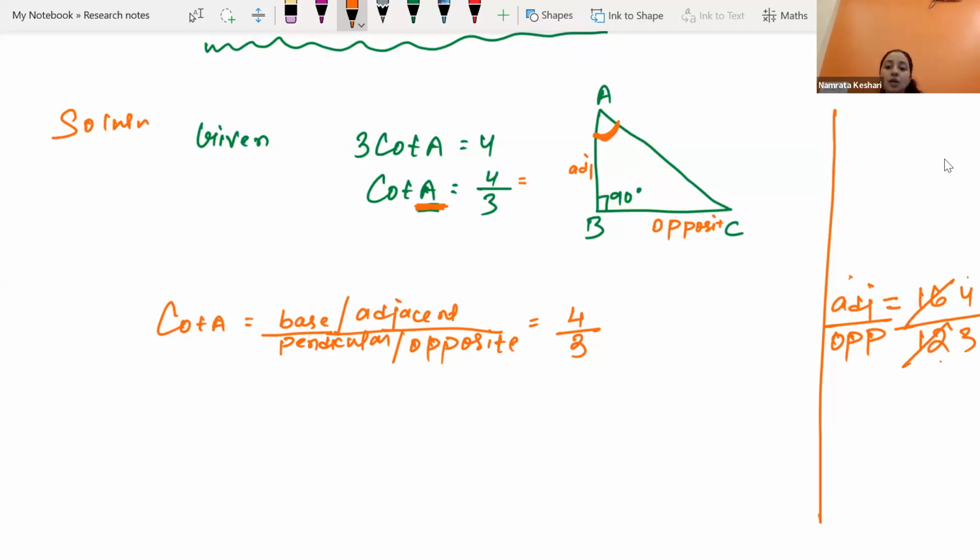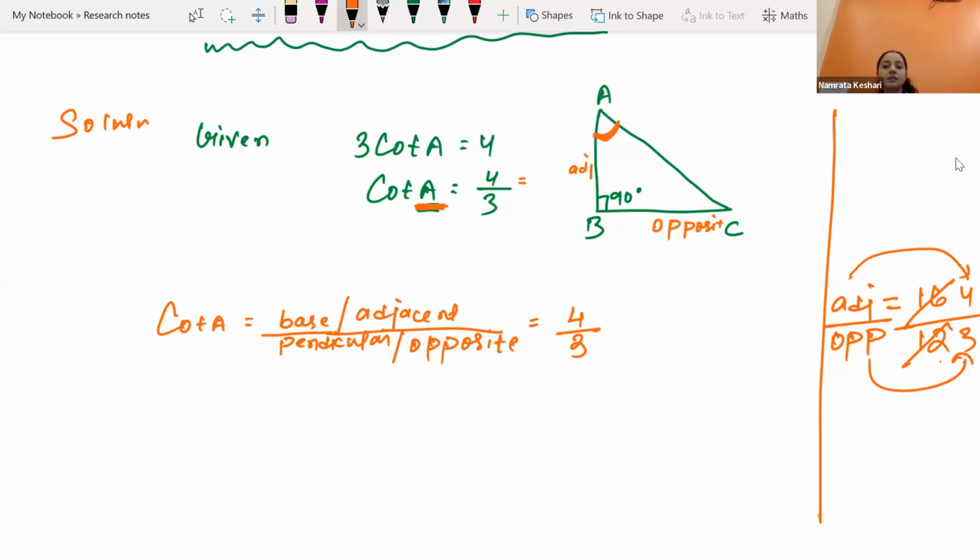That's why we are not saying that adjacent side is 4 unit and opposite side is 3 unit. We cannot say, because maybe it is the reduced form of the fraction. So when we were having 16 over 12, we cancelled out the same number, right?